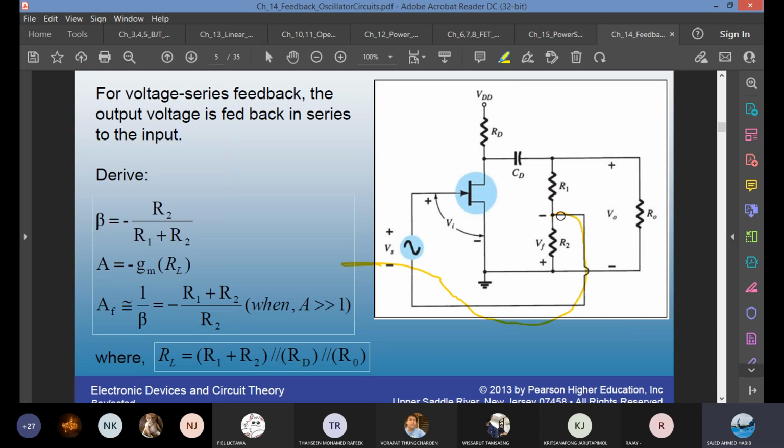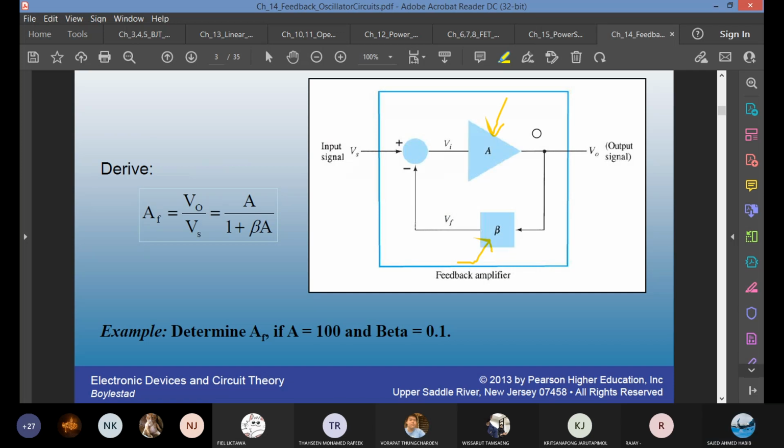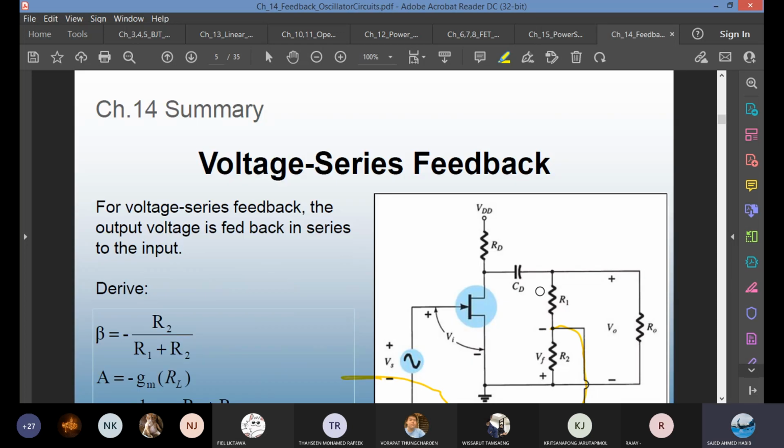This is minus V out R2 divided by R1 plus R2. Beta is minus R2 divided by R1 plus R2. Why? Because VF is beta times V out. Derive this.